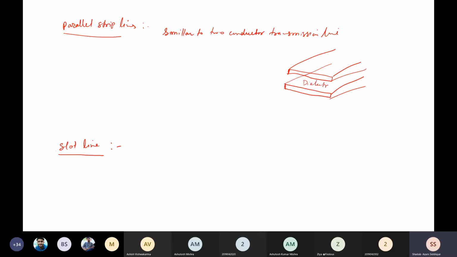The strip will be on this plate and here also. This kind of structure is called a parallel strip line.